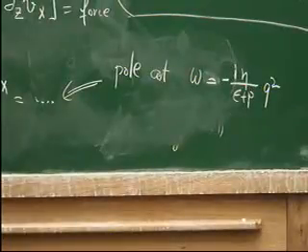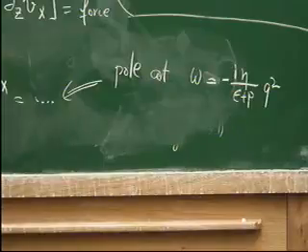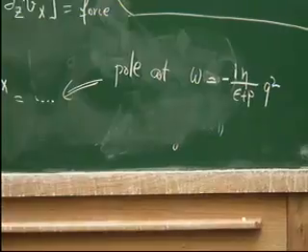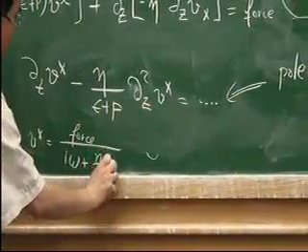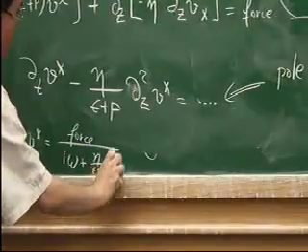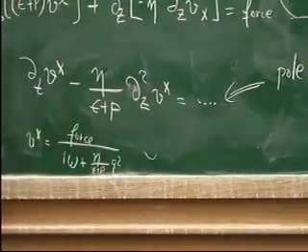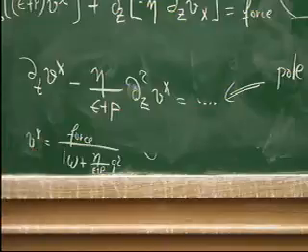Because when you solve these equations, Vx equals some force that I don't write down, divided by I omega plus eta over epsilon plus p q squared. That pole will be inherited by all the correlation functions.